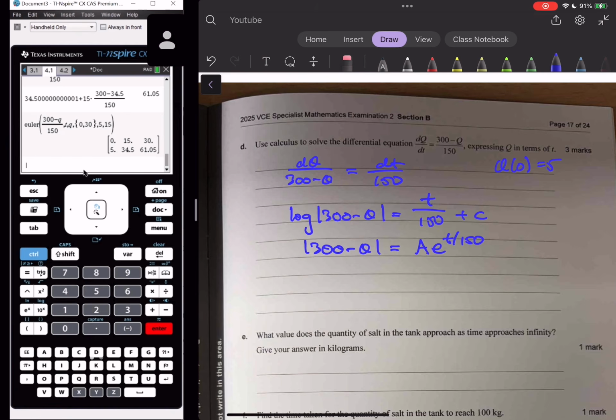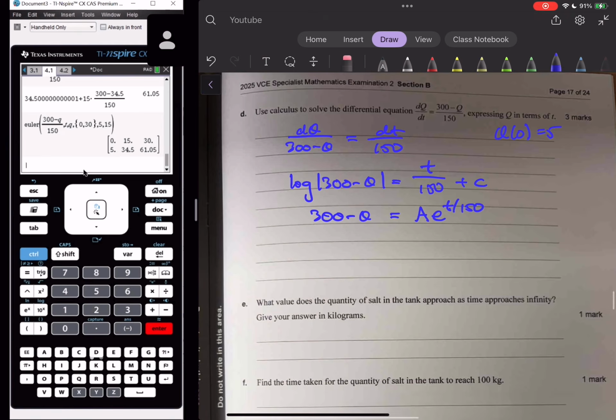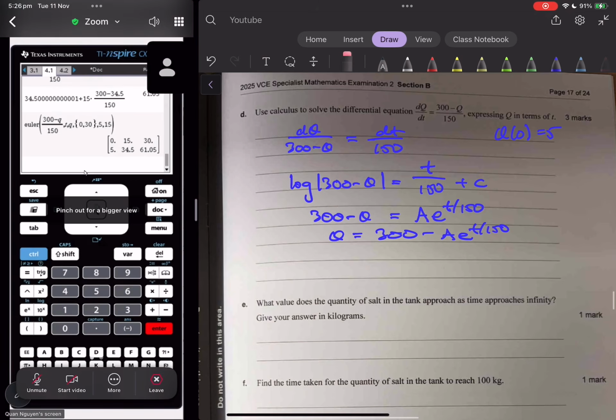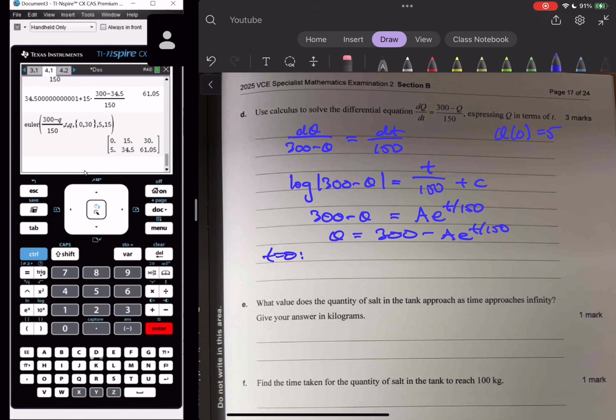We can get rid of the absolute values and dissolve it into that constant A. And we have Q equal to 300 minus A e to the t over 150. Plugging in t equals 0, we want Q to be 5, so 5 equals 300 minus A. So it seems like A is 295.